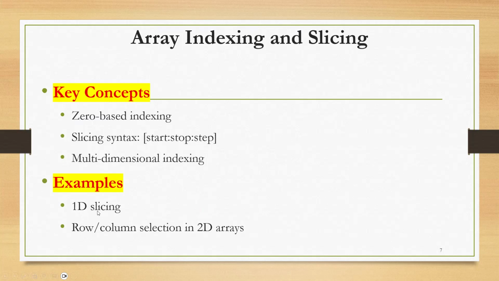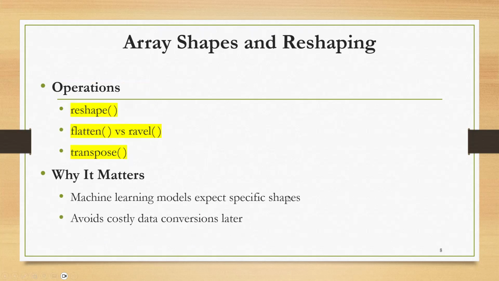So this is an example of 1D slicing, row and column selection, 2D, two-dimensional. Array shapes and reshaping: we have operations for reshape, flatten versus ravel, or transpose. Transpose means we change the rows, so a row will become a column, and a column becomes a row.